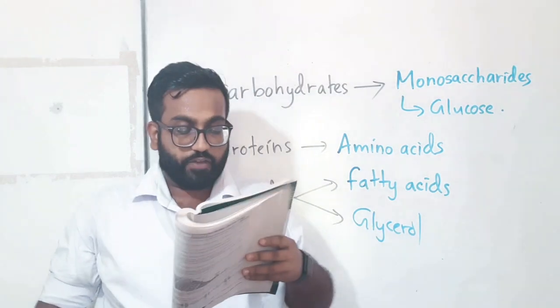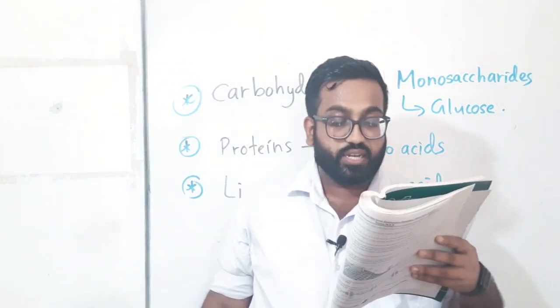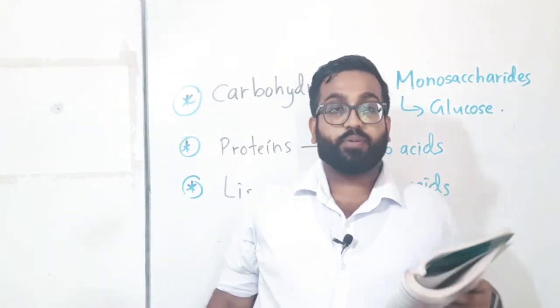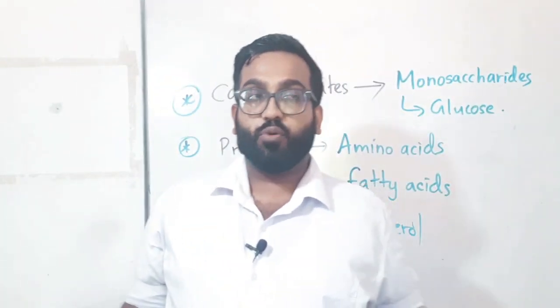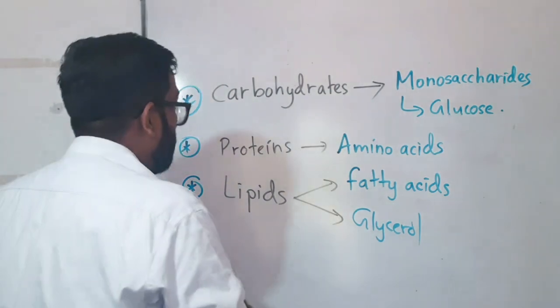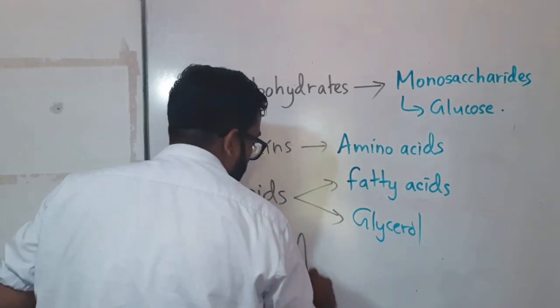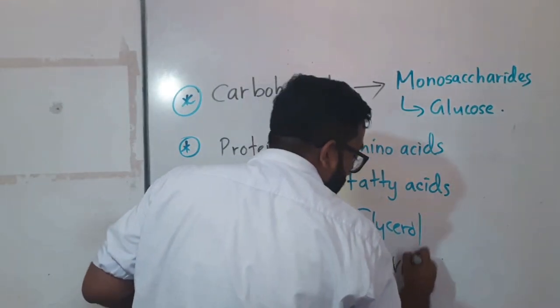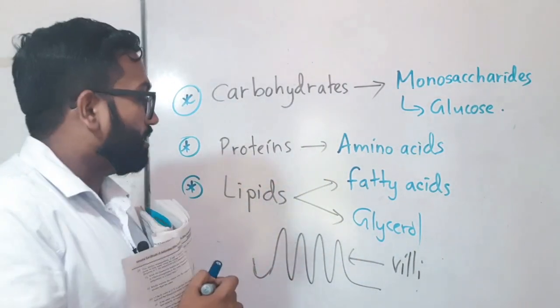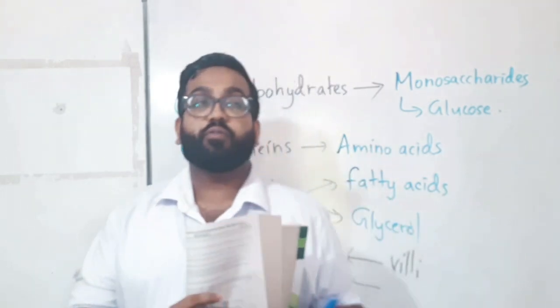One adaptation of the human digestive system for efficient absorption of the end products of digestion. I told you inside the small intestine there are finger-shaped structures, like this, right? What are these? These are known as villi. So we can tell only one answer, presence of villi.